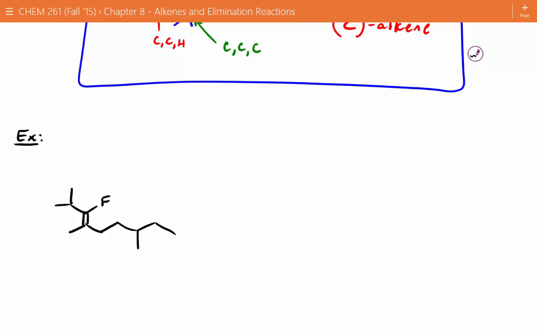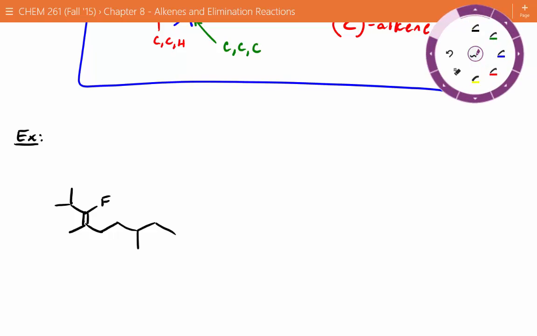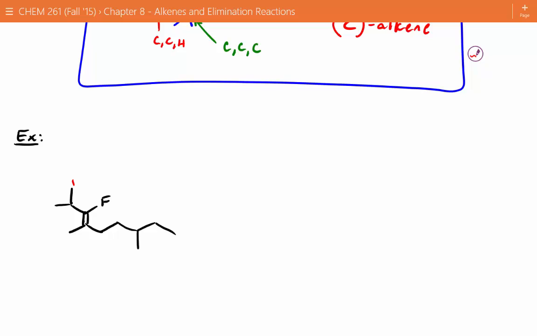Let's do this one. So what's our longest chain here? Longest chain is going to be 9. So we can say 1, 2, 3, 4, 5, 6, 7, 8, 9. That longest chain needs to include that double bond.